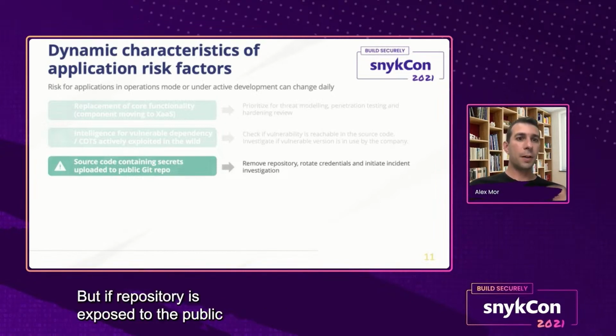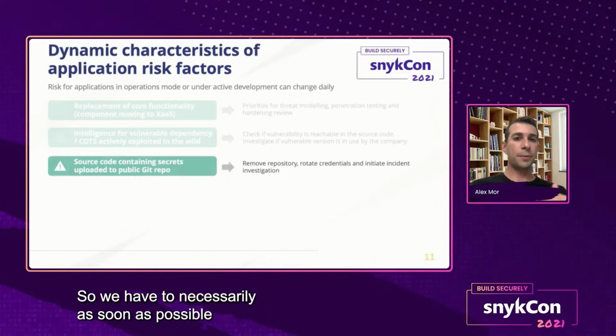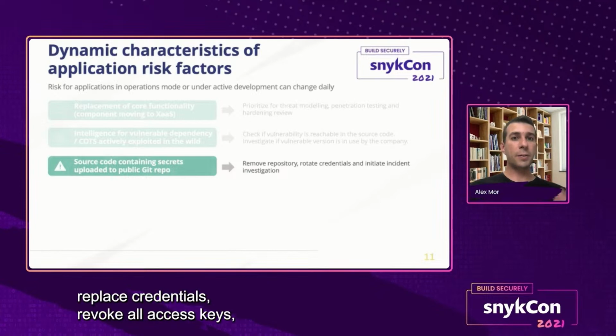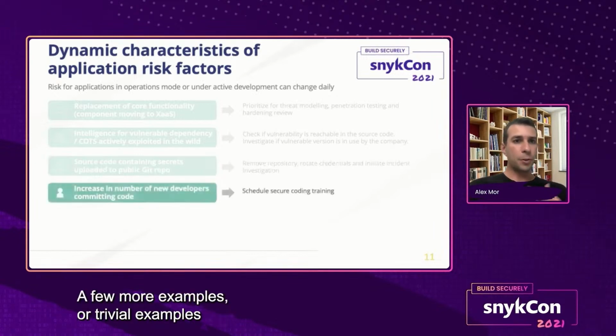But if a repository is exposed to the public, and we don't have enough controls, we might have secrets there. So we have to, as soon as possible, replace credentials, revoke all access keys, and really understand what happened, how did that happen.